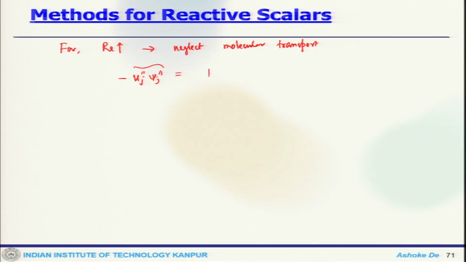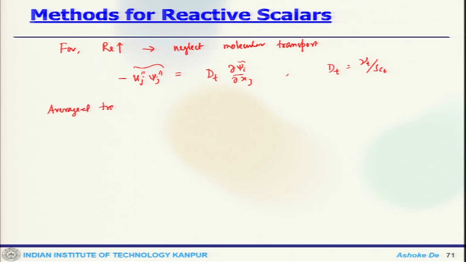We can use the gradient hypothesis and close this term, where Dt would be nu t by Schmidt number.